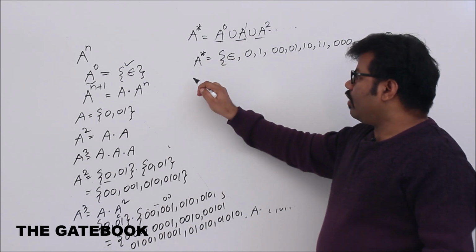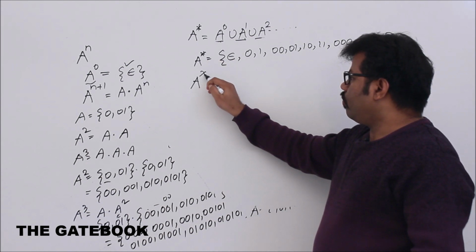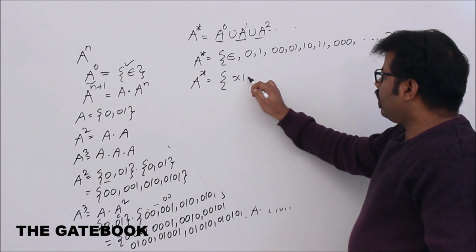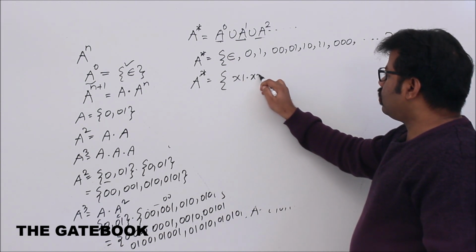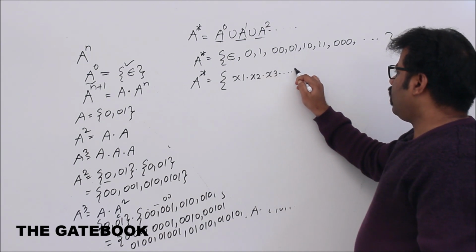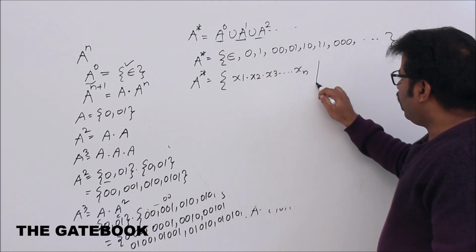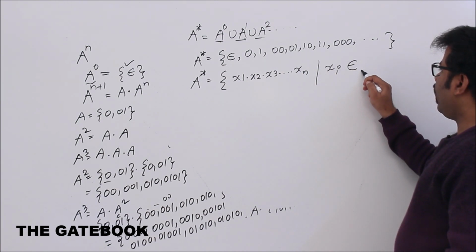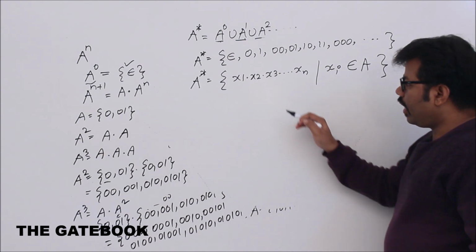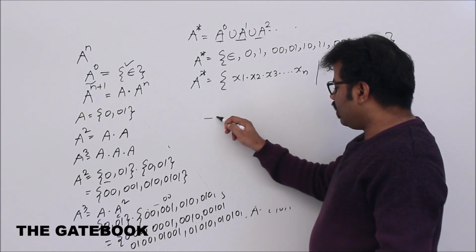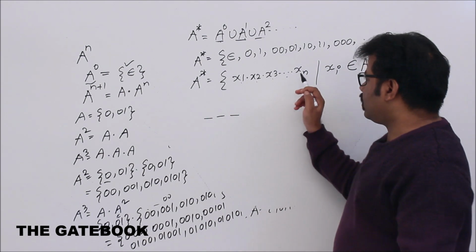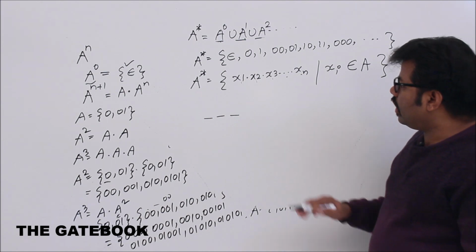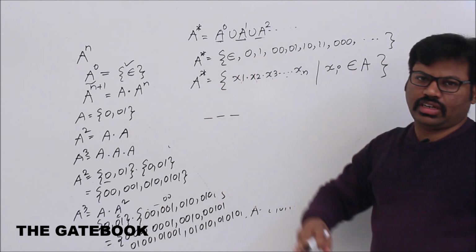Now one more way we can define A star: A star is a concatenation of x1, x2, x3 and so on up to xn, where each xi belongs to your A. So whenever you write any string in the form x1, x2, x3 and so on xn, where each xi comes from your A, then if you collect all of them, you form A star.